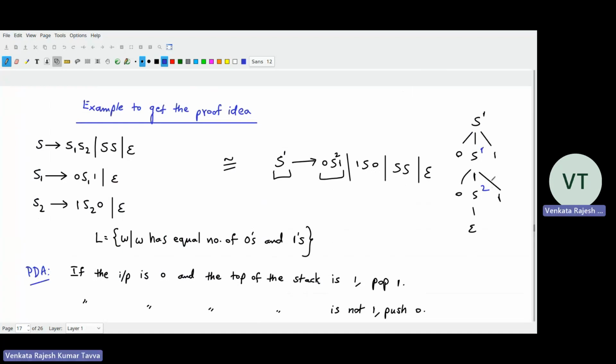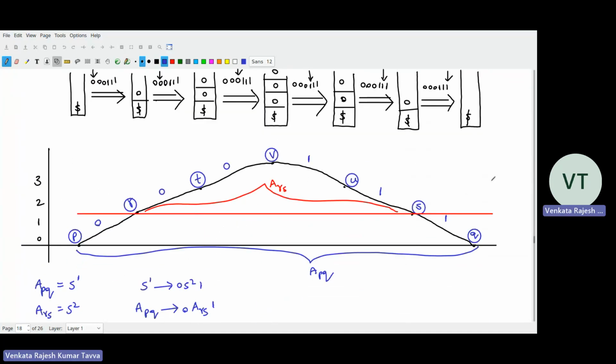Maybe I'll need a separate rule to handle the 1S0 situation. This is the 0S1 situation. For 1S0, I will write a different rule. Okay. So basically, we are doing reverse engineering. We are starting with a PDA. This PDA will accept those portions of the strings which take the stack from its current state back to the same state.